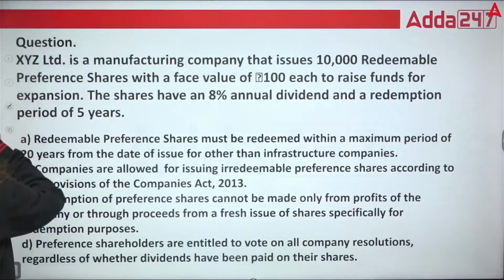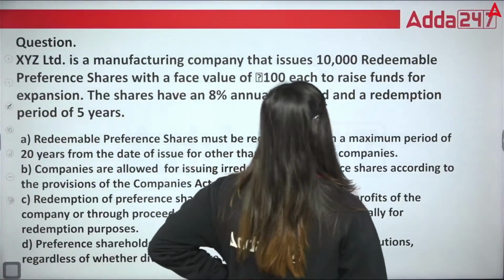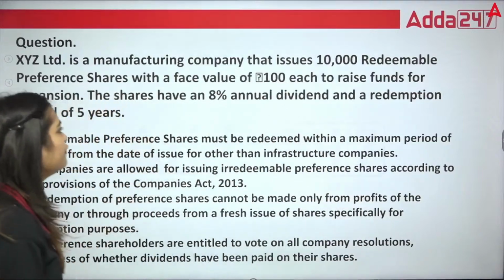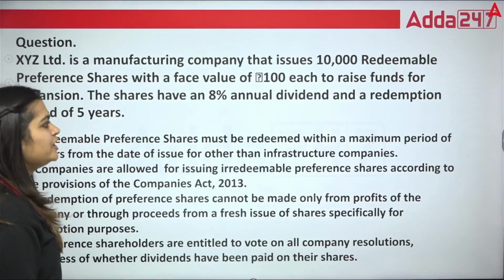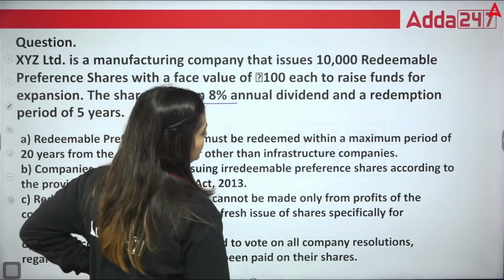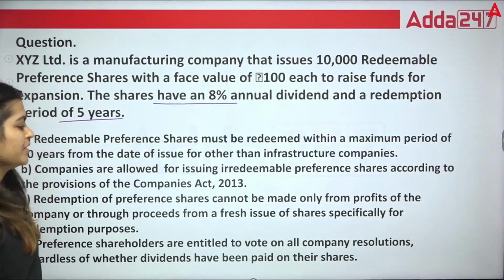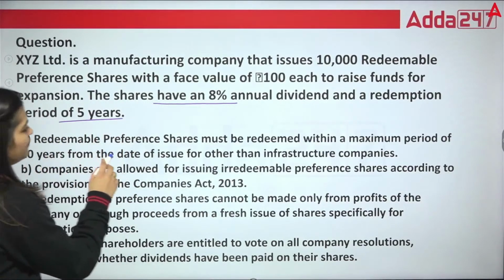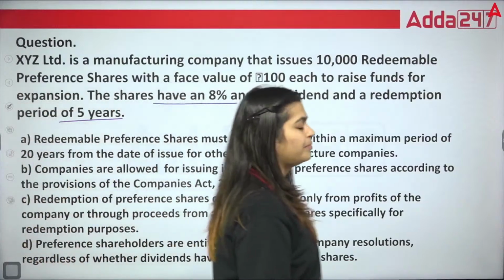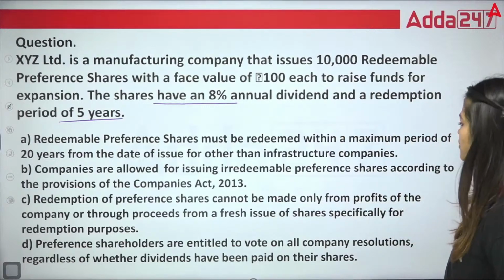Next. XYZ Limited is a manufacturing company that issues 10,000 redeemable preference shares with a face value of 100 each to raise funds for expansion. The shares have an 8% annual dividend and a redemption period of 5 years. So what are the options? A, redeemable preference shares must be redeemed within a maximum period of 20 years from the date of issue for other than infrastructure companies.